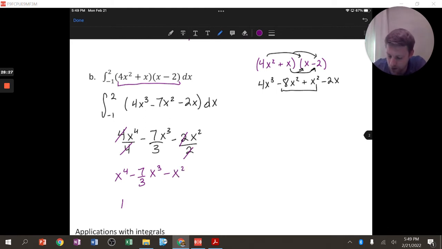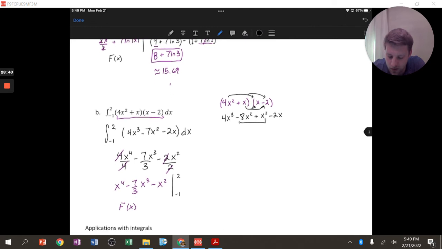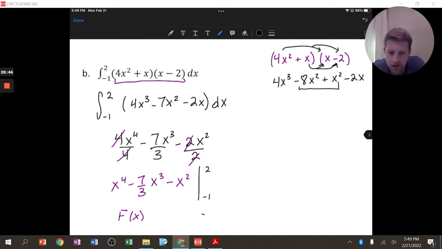And again, this is my capital F of x function, and I'm going to evaluate this function at my two endpoints. Sometimes you'll see this evaluation bar here, with the 2 and the negative 1 on the sides. That just tells us our bounds of integration.